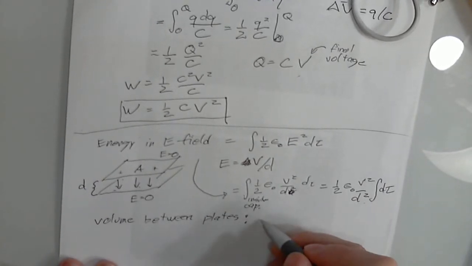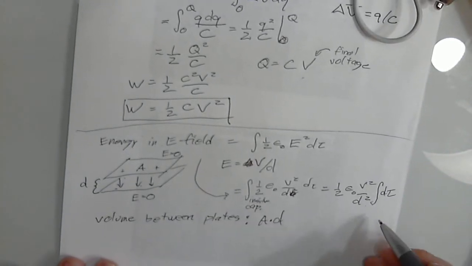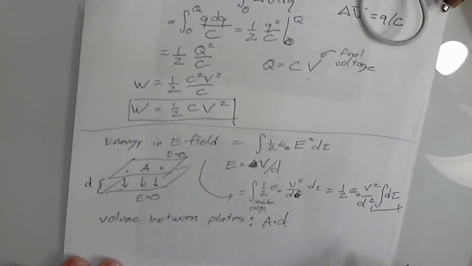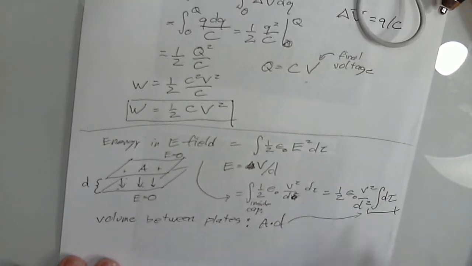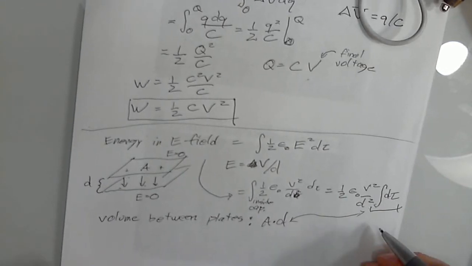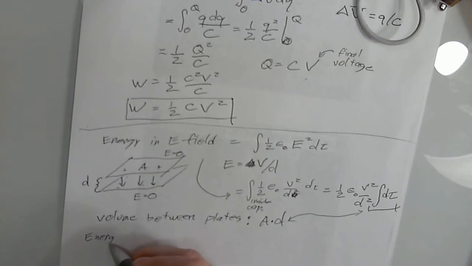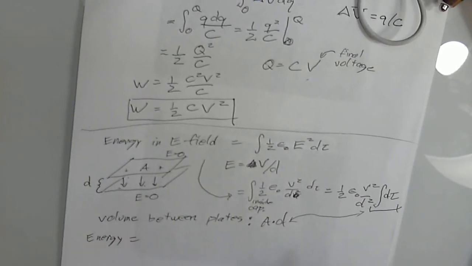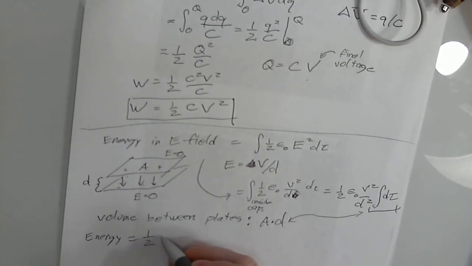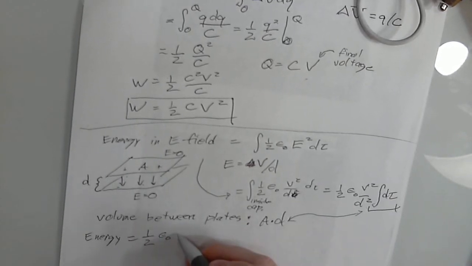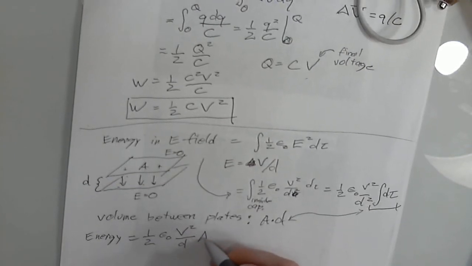That's A times d, and so this is the integral of the volume over that whole volume. Leaving us with the energy stored in the field is equal to 1/2 epsilon naught V squared over d times A.